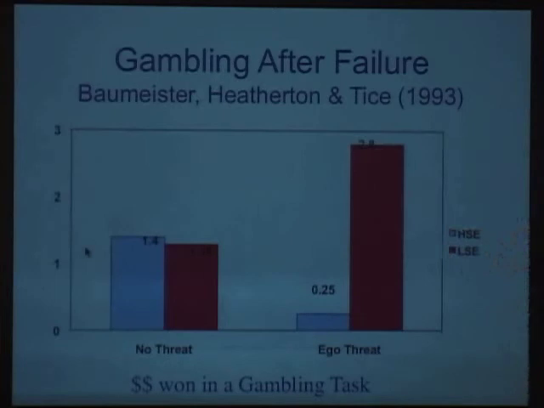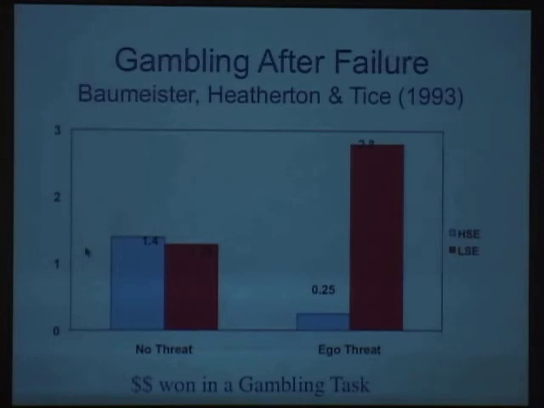And so what he finds, the critical thing on here, is that folks with high self-esteem who have just had their ego threatened lose all their money. Okay? Threatened high self-esteem folks are not the people you should be betting your money on when they're betting. Because they bet all their money away. And strangely, and I don't think they have a great story for this, low self-esteem folks make a ton of money when they have been ego threatened.